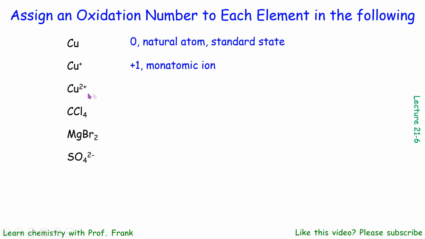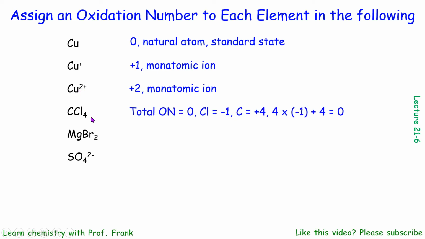This is another monoatomic ion. Again, oxidation number equals the charge. Charge is 2 plus, oxidation number plus 2. Okay, this overall molecule's oxidation number is 0.